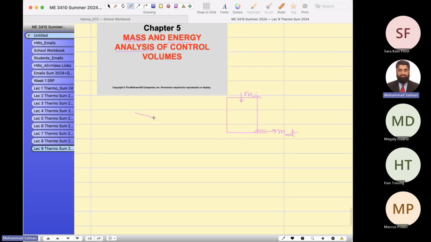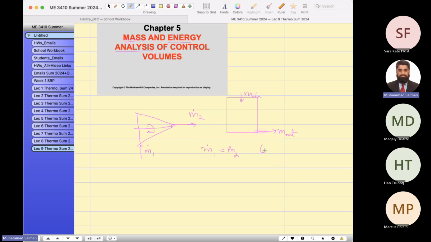So for example, if you have a compressor, steam enters and this is rotating and leaves after performing work. We usually call it m dot in. Whatever mass comes in is equal to mass comes out.